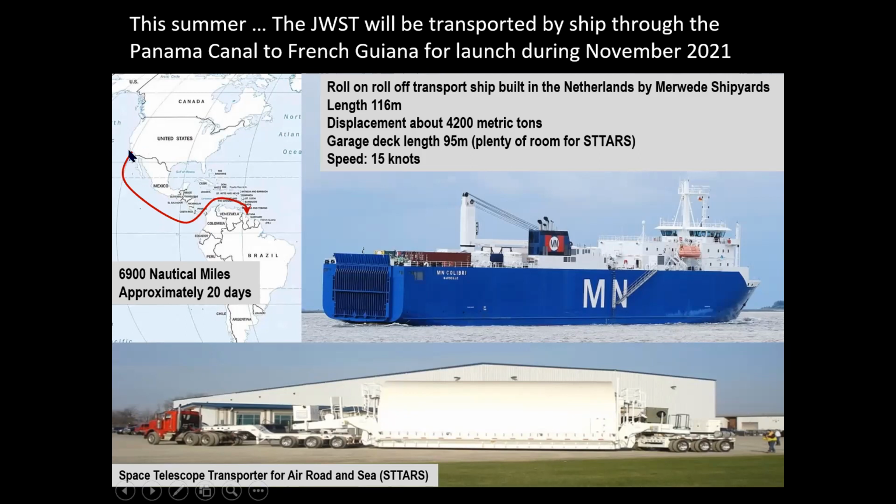And we will ship out of Port of Los Angeles and travel through the Panama Canal to French Guiana, where it will roll off into Kourou Launch Center to begin integration with the rocket itself.